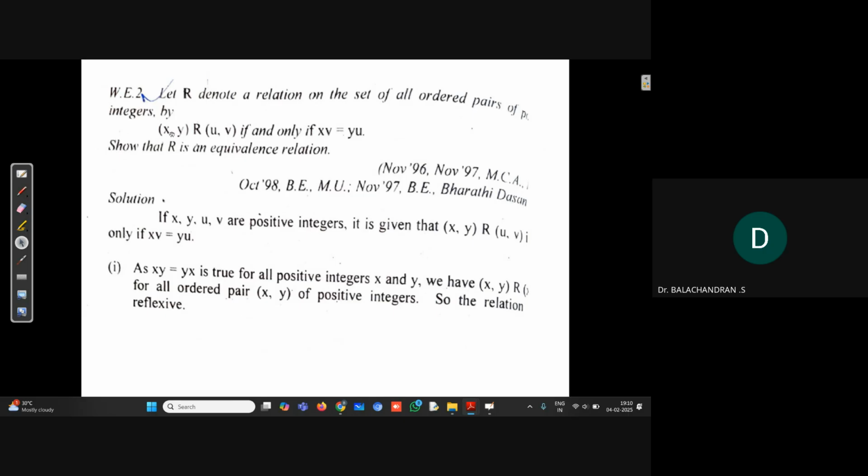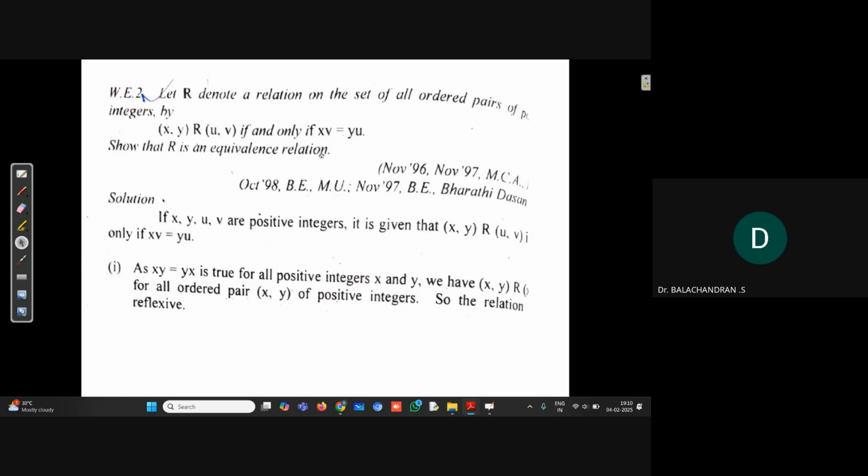So x is the first element, here v is what? Second element. Product of first and last is equal to product of second and first. So okay, now I want to prove this is an equivalence relation.